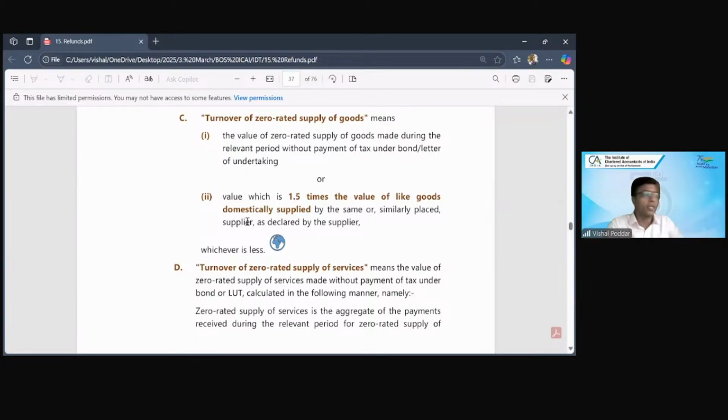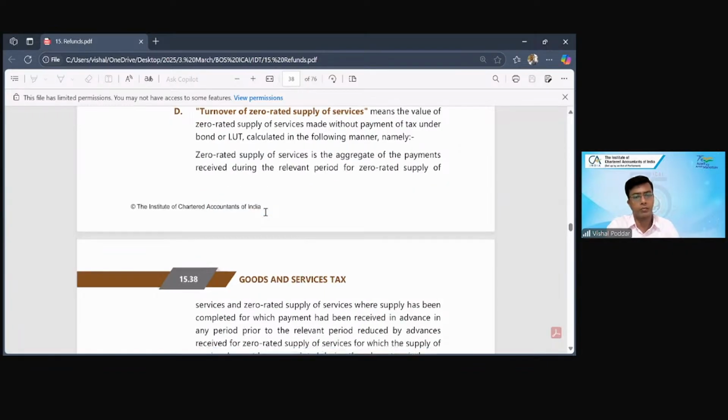Similarly means he is acting the same as you. So if you're a manufacturer, he is also a manufacturer, the same type of supplier. So either you are supplying it domestically, then whatever price you are taking, take 1.5 times of that for the same goods. And if you're not supplying, then if a similarly placed supplier is supplying, you take that supply as well. Fine, better?